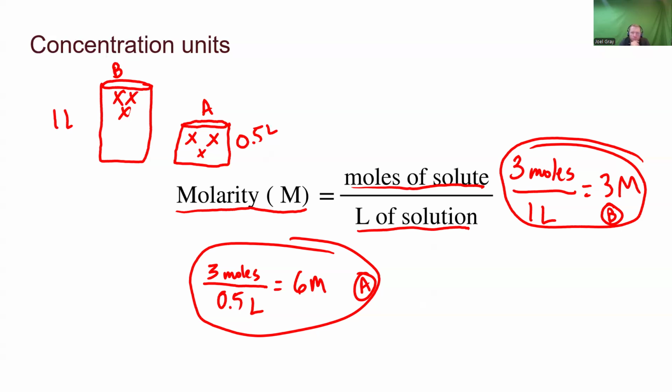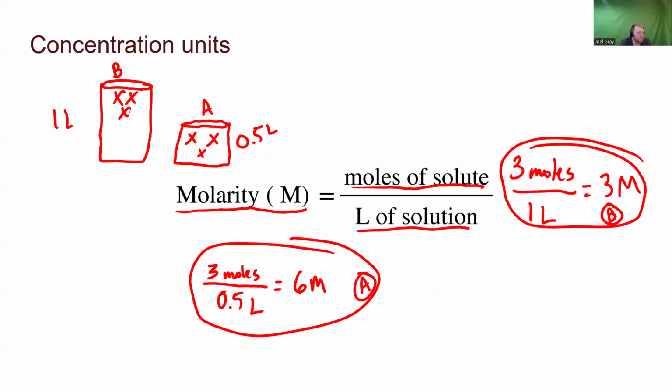Okay, so tell me between solutions A and B, if you were to drink solution A or solution B, which one of these two is going to be stronger when you drink it? A.